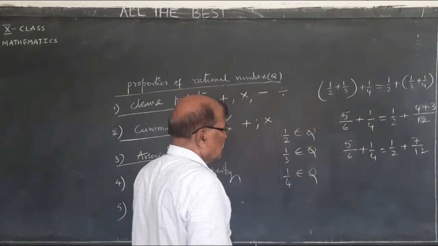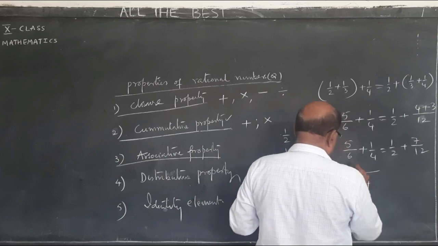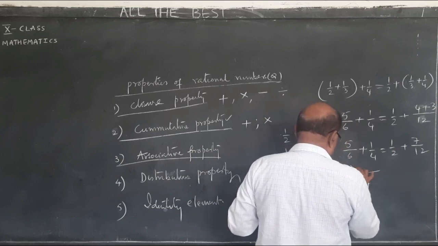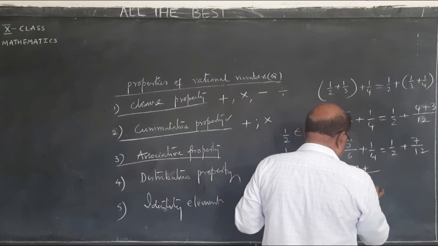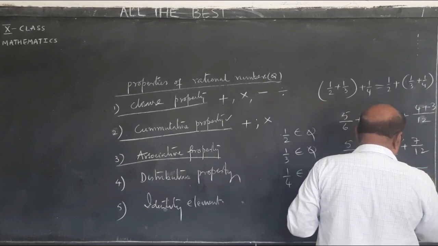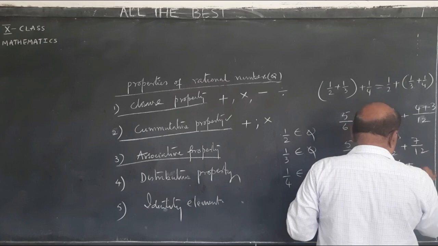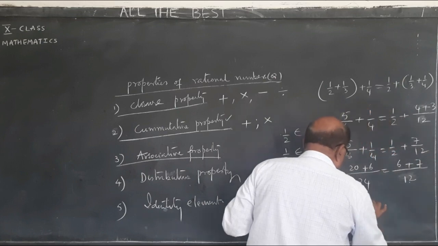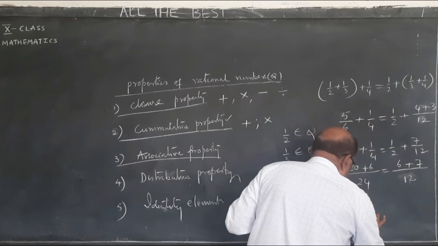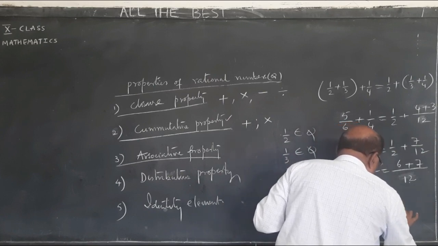Take LCM here, it is 24. 6 4s are 24, 4 5s are 20, 4 6s are 24, plus 6 1s are 6. Here the LCM is 12: 2 6s are 12, plus 7. So you are getting 20 plus 6, 26/24, which is equal to 13/12.